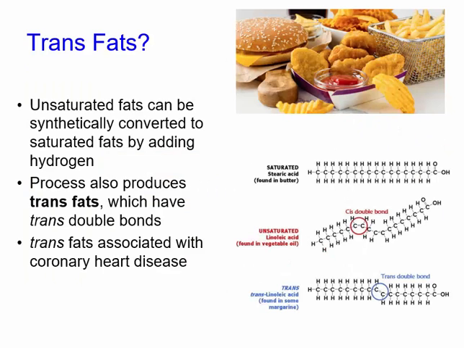How about trans fats? You've probably heard of these. Trans fats are what you get if you take unsaturated fats and hydrogenate them. So we're adding hydrogens back onto those, saturating them or getting close to saturating them. You can fully saturate some of them, but in the process, you'll also produce these trans fats. So here's a trans fat here.